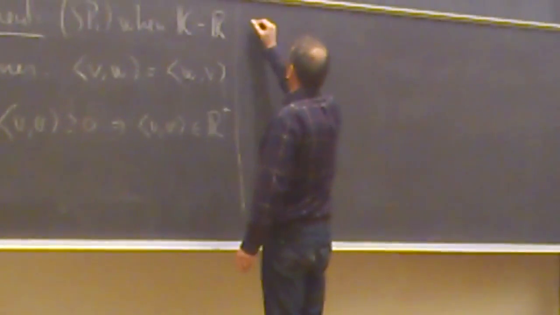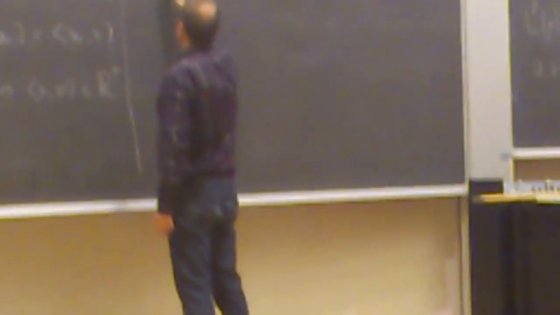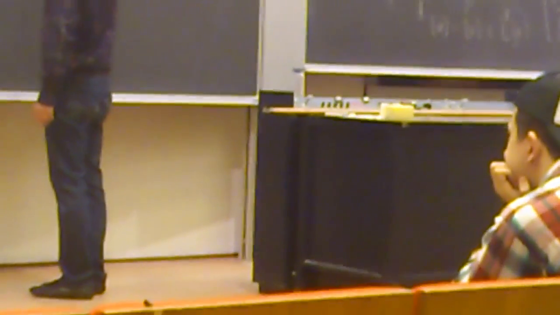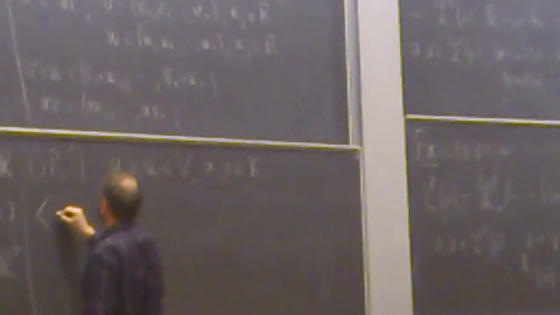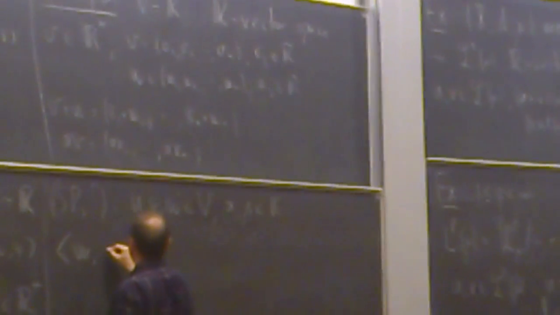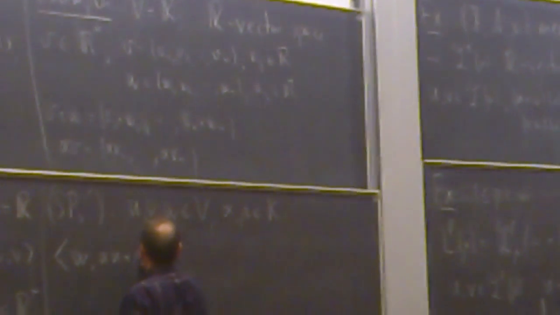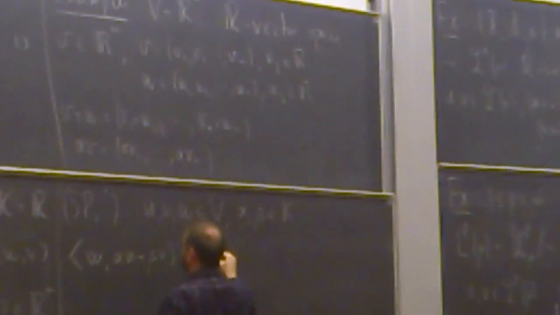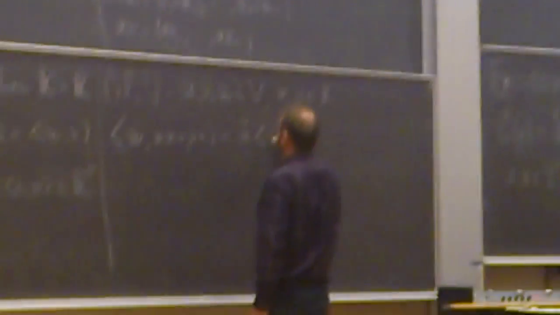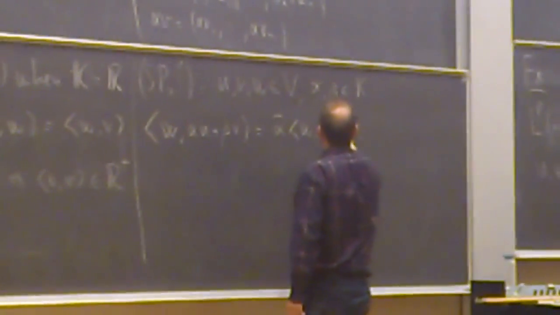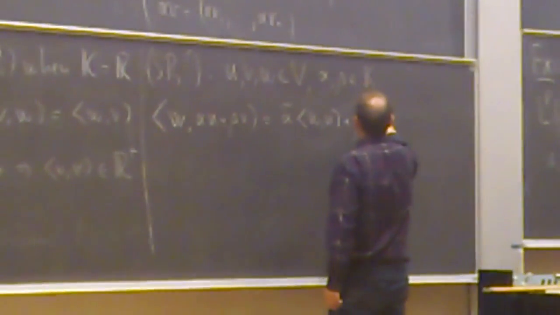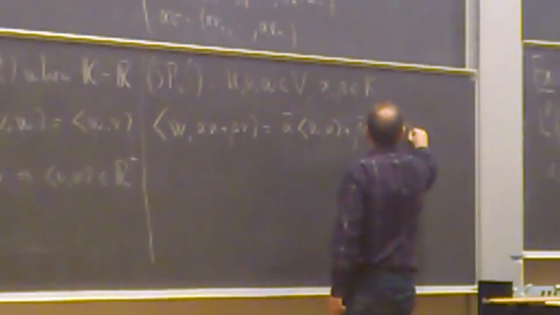So we could take an SP3 prime. That would say the following. Suppose we have 3 vectors and 2 scalars. Then the following holds. If we take w inner product alpha u plus beta v, this is equal to alpha complex conjugated, beta complex conjugated, we take out like this.